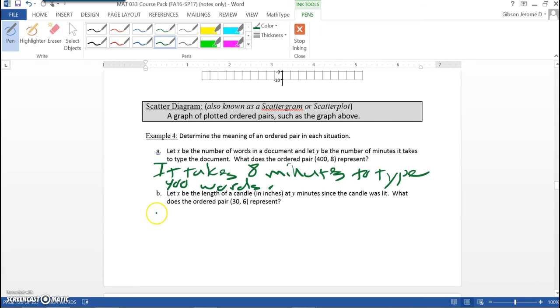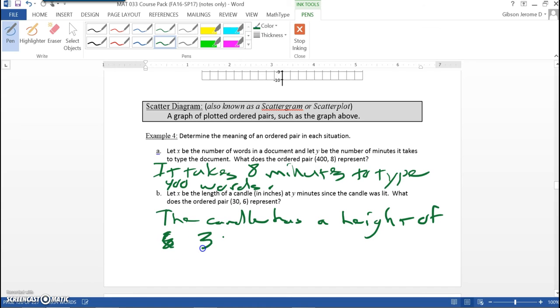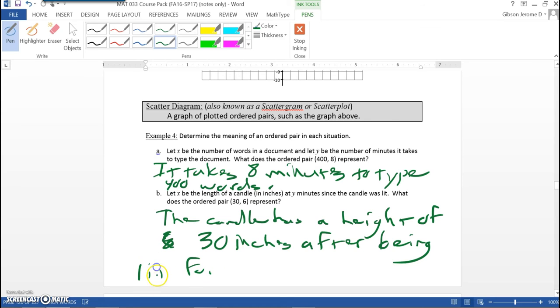So we could say the candle has a height of, actually it's supposed to be 30, of 30 inches after being lit for 6 minutes.